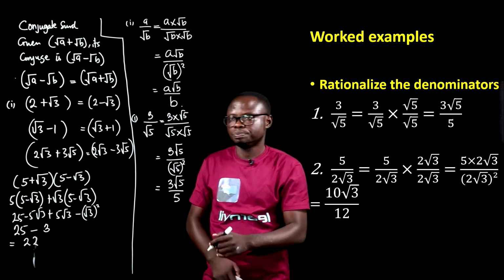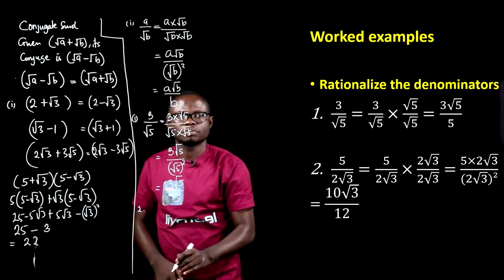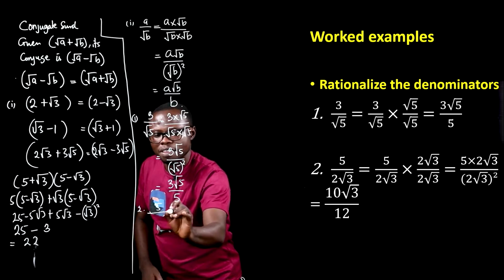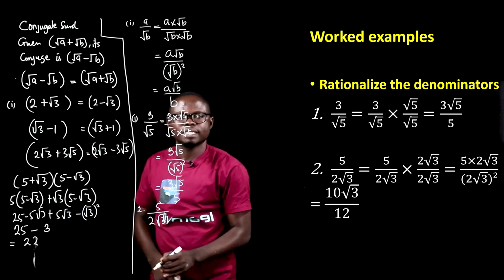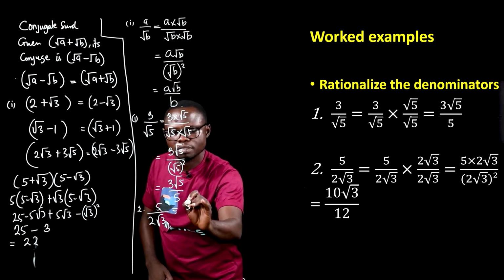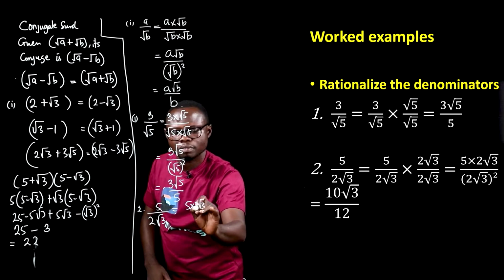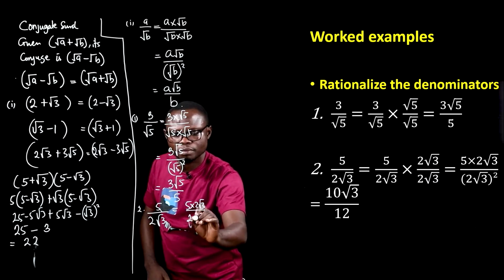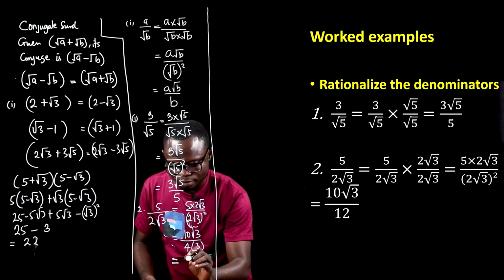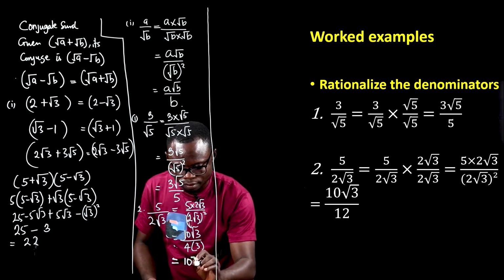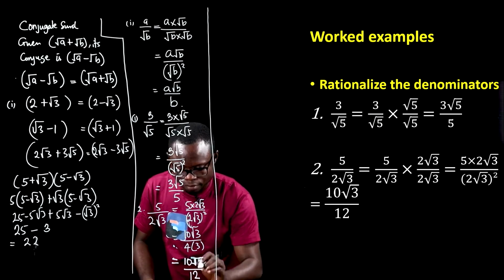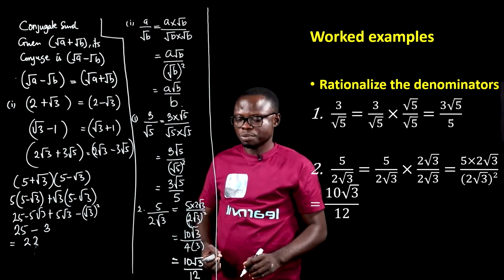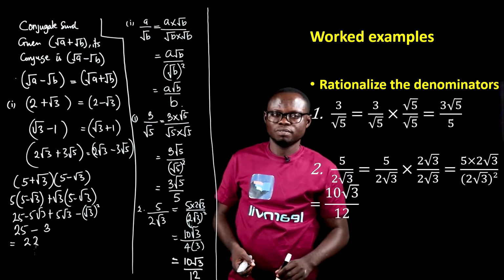Example 2. We have 5 over 2 root 3. It becomes, now we get 10 root 3 over 12.